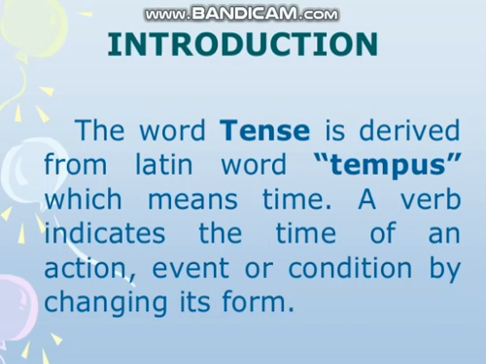And object is the receiver of an action, but it is also not that important to show the tense of a sentence. The main important thing of a sentence is the verb. So whenever the form of the verb changes, the tense changes along with it. The main focus for us would be the verb.